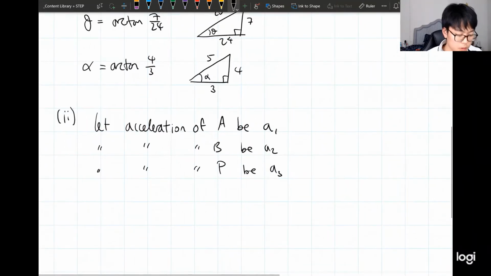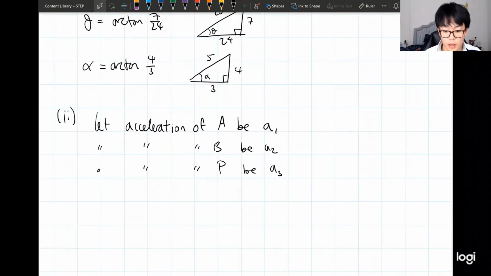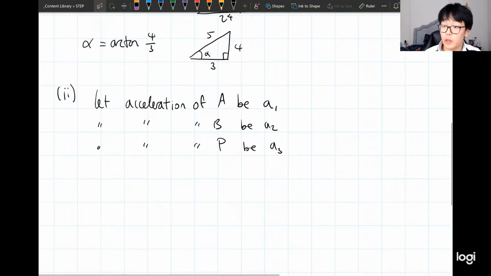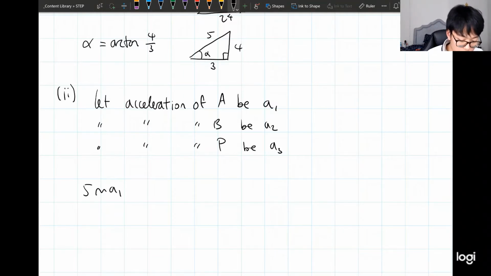Then we can formulate very similar equations to part one. This time we're going to use F equals ma, remembering mass times acceleration. I'm not going to explicitly write that down, but if you do, you should obtain the equation 5m a1 is equal to T minus 3mg.